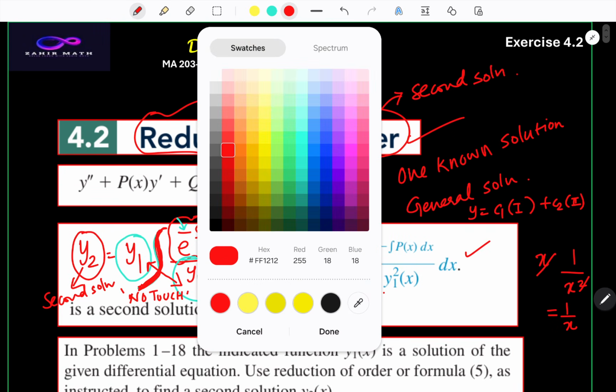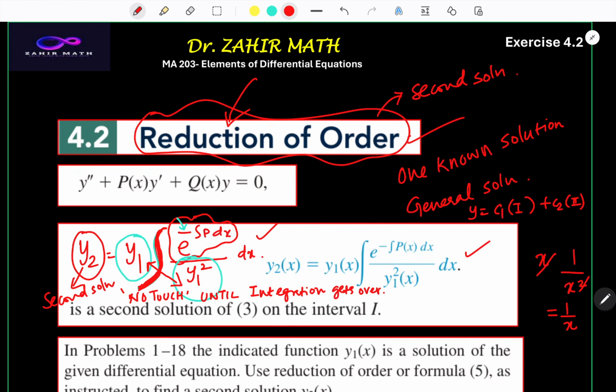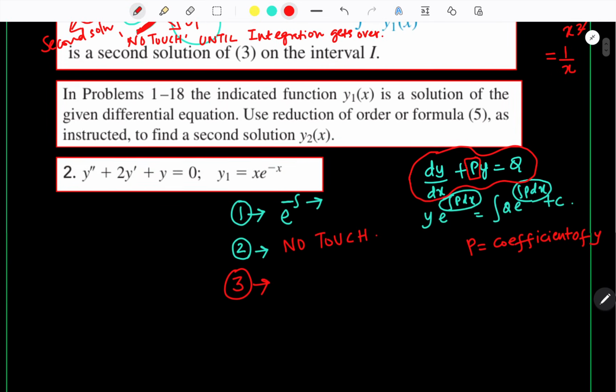What is the coefficient of y? It is q. So where is p? Your p is the coefficient of y dash. So p is your coefficient of y dash, not y. See the comparison. Three things with this.